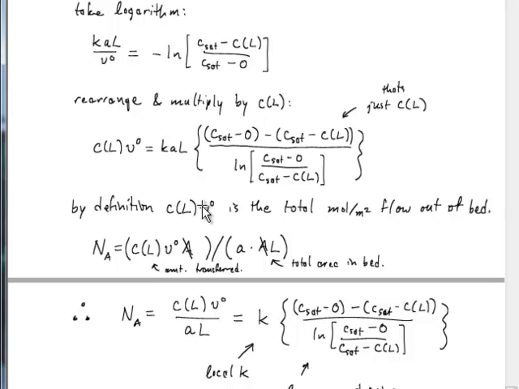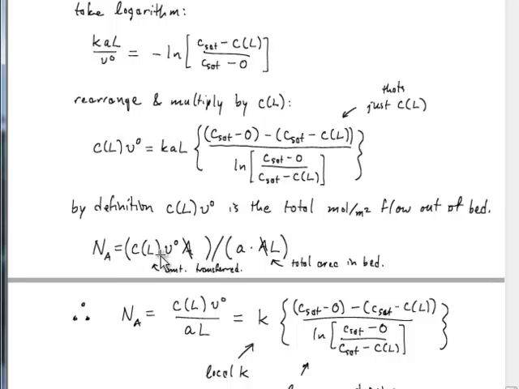Well, let me now remember how this quantity of benzoic acid that's gone into solution is related to the total mass transfer flux over the packing area in the bed, right? So the amount that's leaving the bed is the superficial velocity multiplied by the concentration leaving the bed, multiplied by the cross-sectional area of the bed exit. That would be like pi r squared, for example, if it's a cylinder.